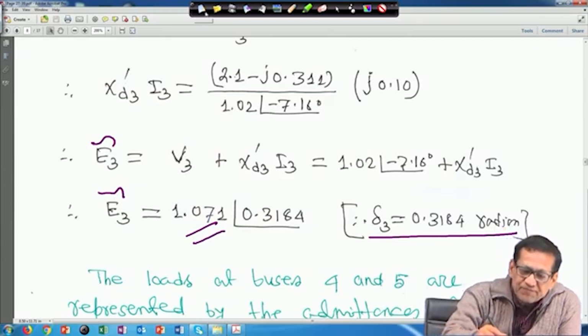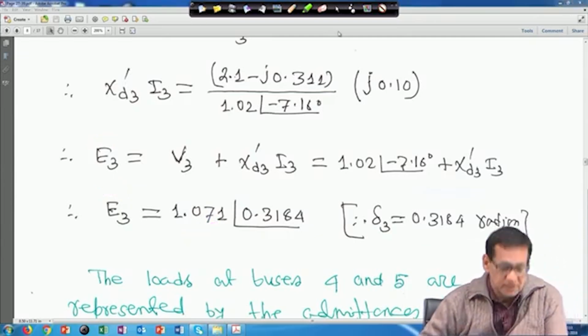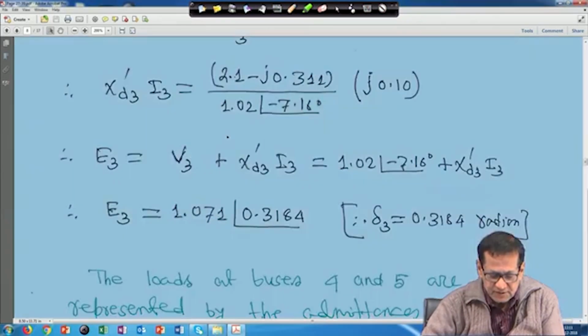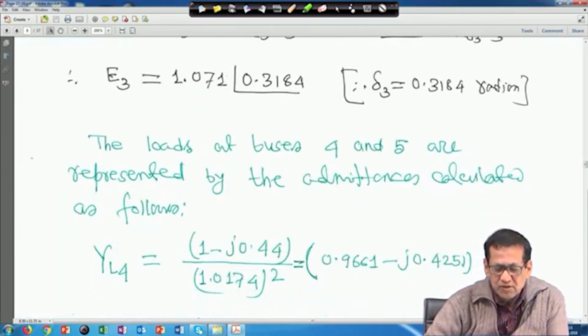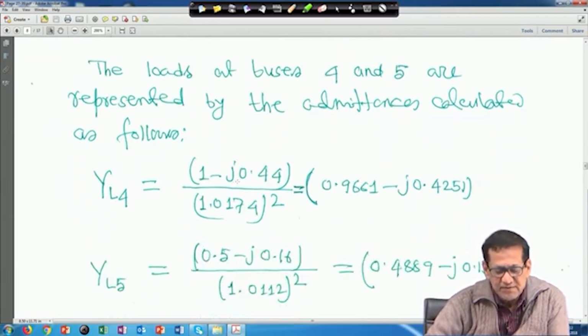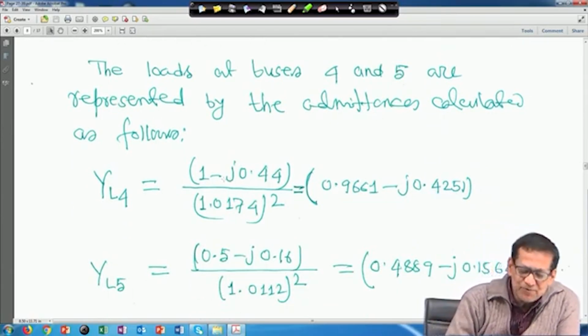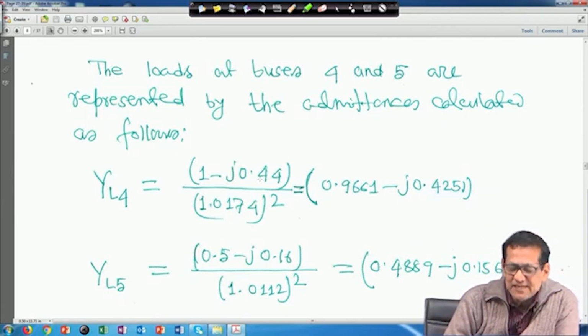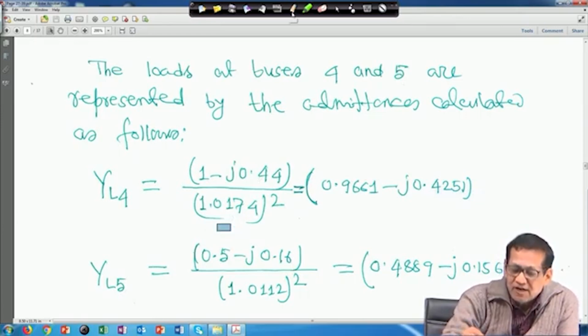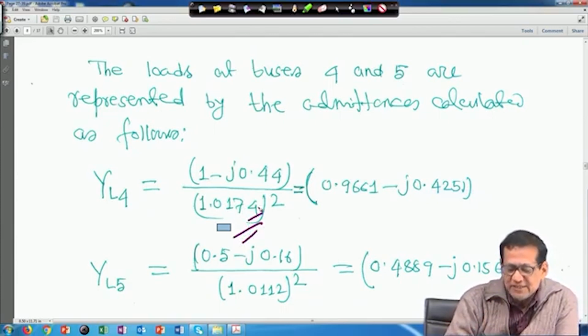The loads at buses 4 and 5 are represented by the admittances calculated as follows. We have seen this before: at bus 4 the load is given as 1 minus j0.44 divided by the magnitude of V4 squared.